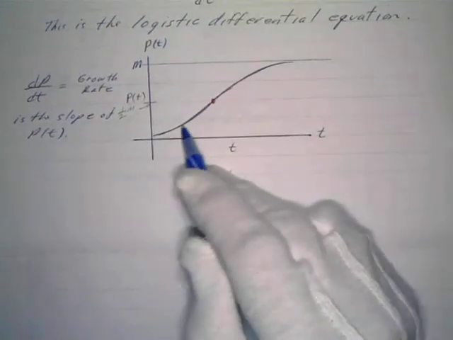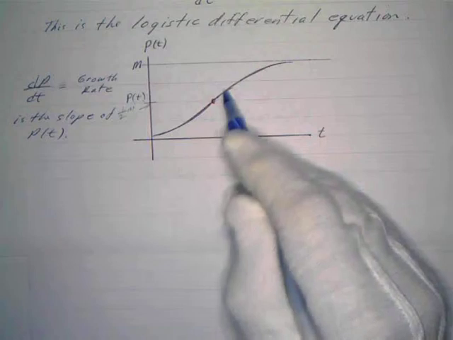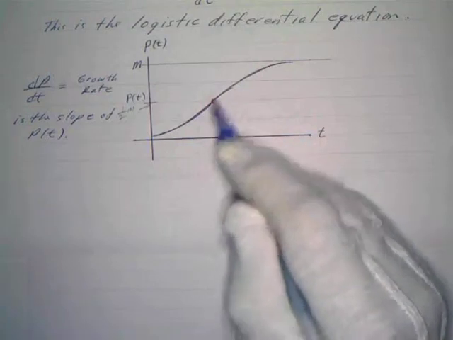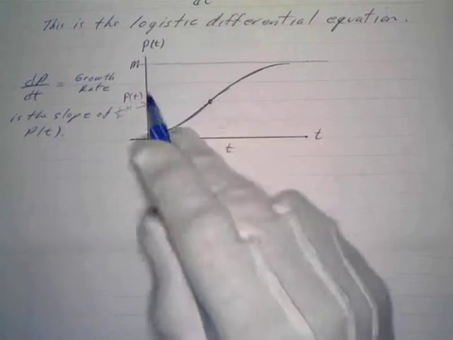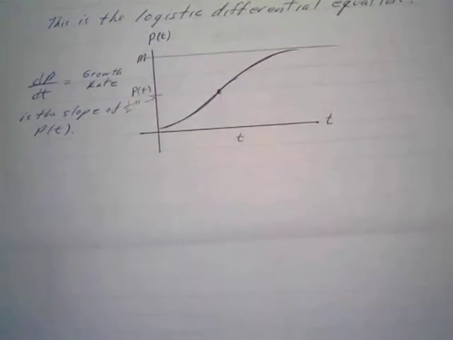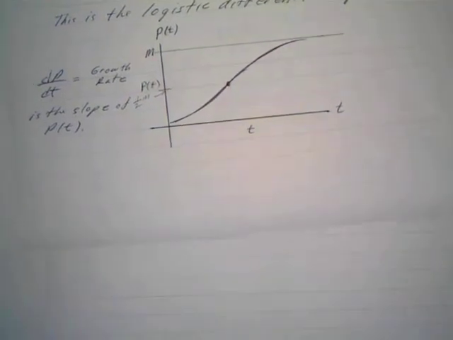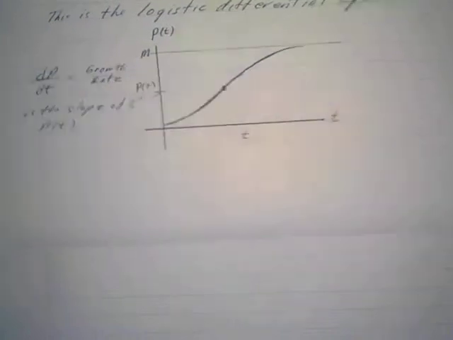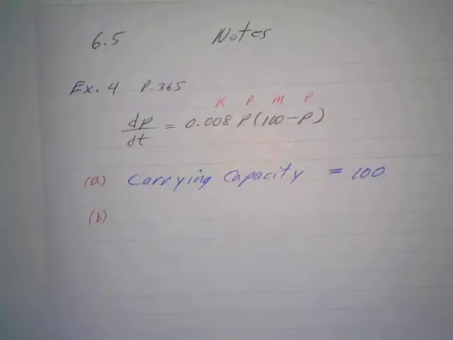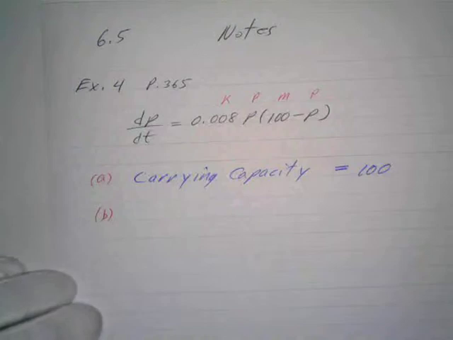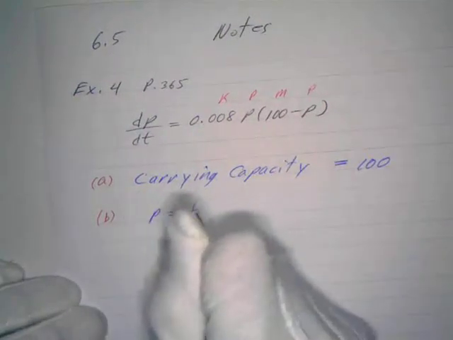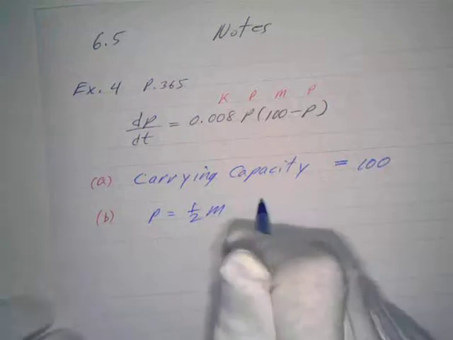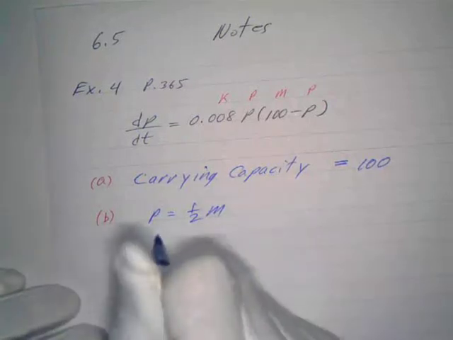This is our growth rate, and it's growing the fastest when the slope is the steepest or most positive. So it's growing fastest right about here, and that happened to be half of M, halfway up. So when P is 1/2 M, that's when it's growing the fastest.